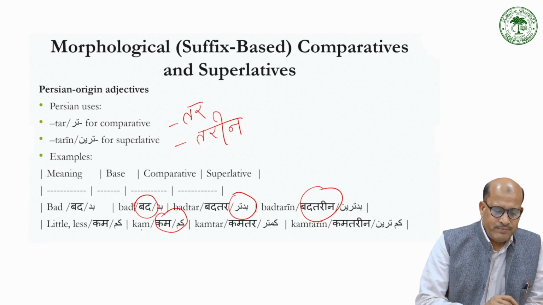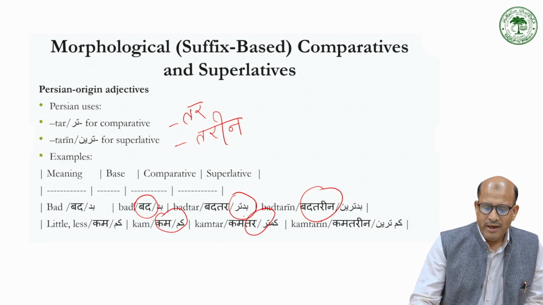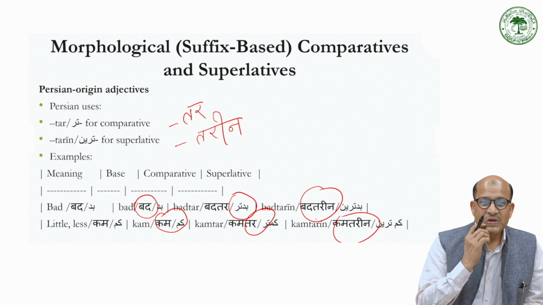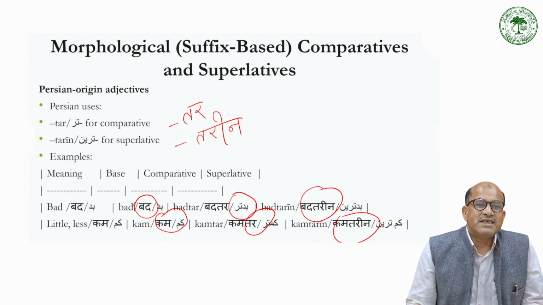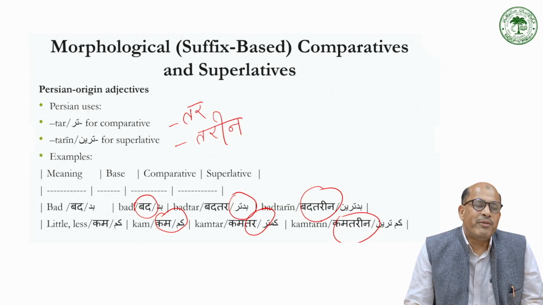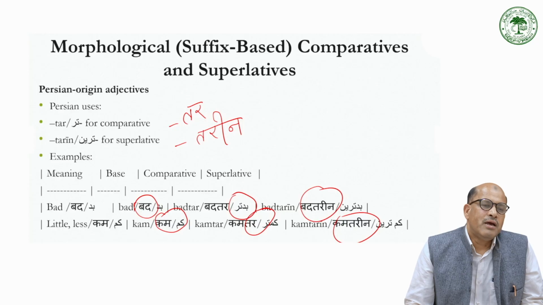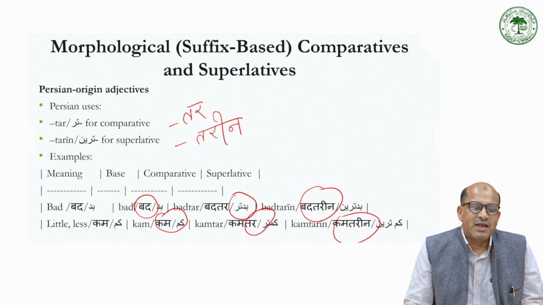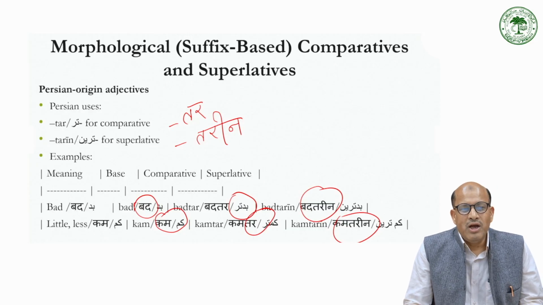Another one is kam: kamtar and kamtareen. So this is how comparative and superlative degree form in Urdu by following the Persian way of making comparative or superlative. In Hindi, we follow the Sanskrit way of making comparative and superlative. For example, adhik, adhiktar, and adhiktam. So for Perso-Arabic, bad, badtar, or badtareen.